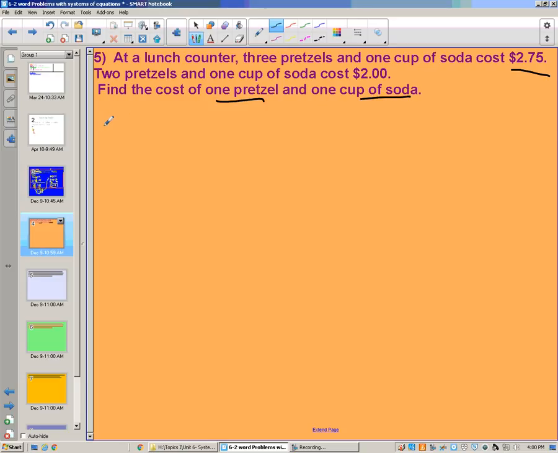So I want to make sure, and this is good algebraic technique, that whatever variable I use, I explain what it means, what it represents. What you want to do is pick a variable that reminds you of what it's representing. So let's let P equal the cost of 1 pretzel.